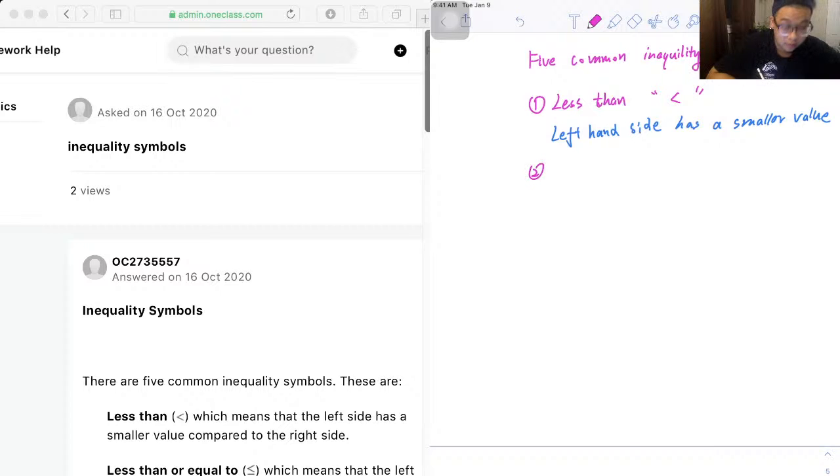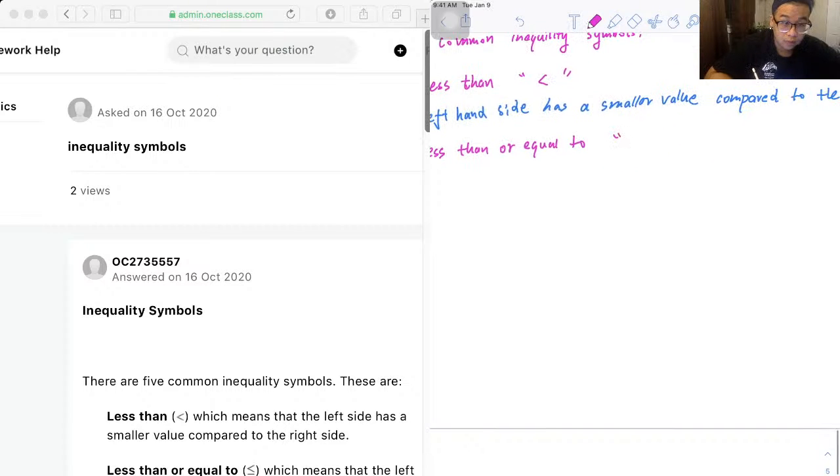And the second one should be less than or equal to, which the symbol looks like this.